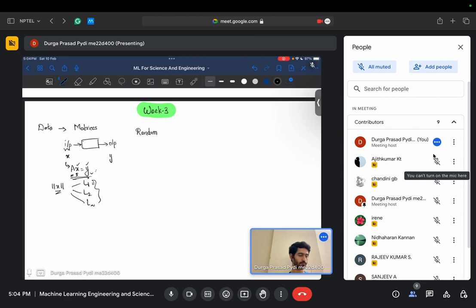One of the students actually asked in the last session, why do we consider them random, why did we do probability? I could just measure x and then measure y, and from that I could get it directly.